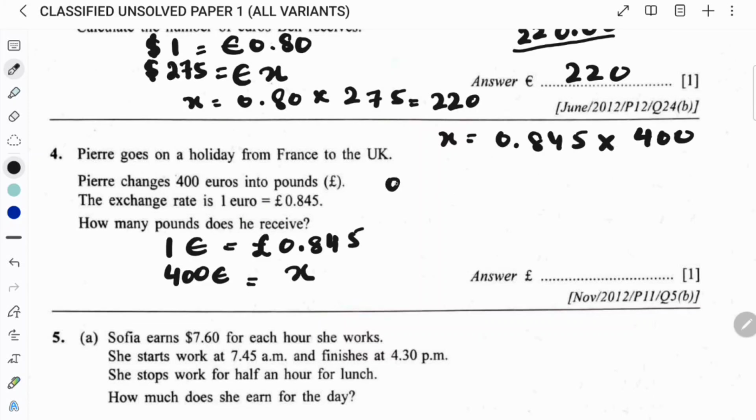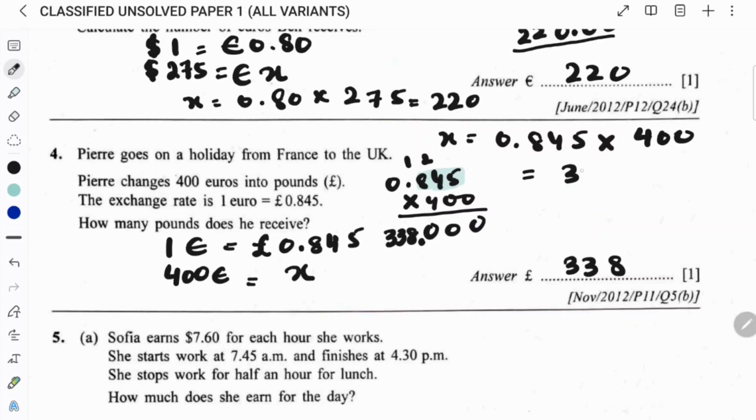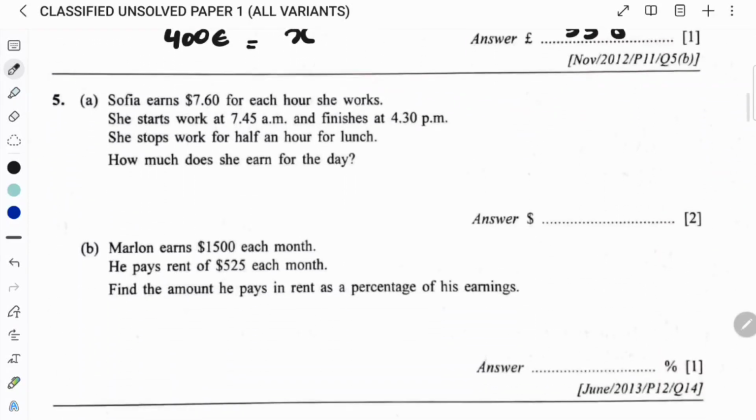Okay, so 0.845 times 400 means 2 zeros. 4 5s are 20. 4 4s are 16, 17, 18. 4 8s are 32, 33. And then 0 is over there. So how many decimal places? We have 3 decimal places there. So 1 2 3. Whenever you write down 3 decimal places, so that is 338 pounds. Okay, now the next question, it was a very easy question there.